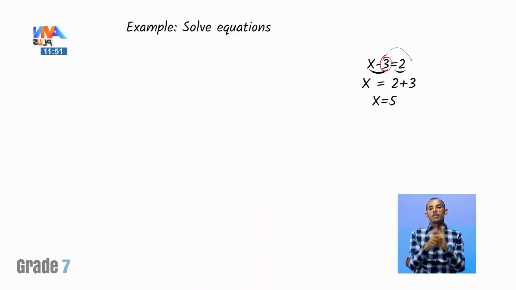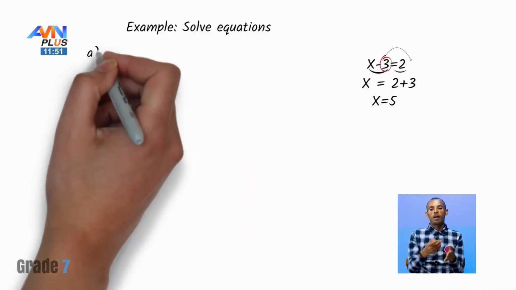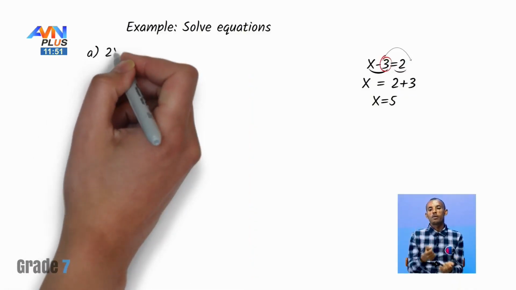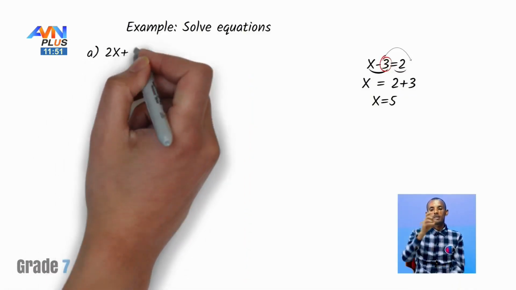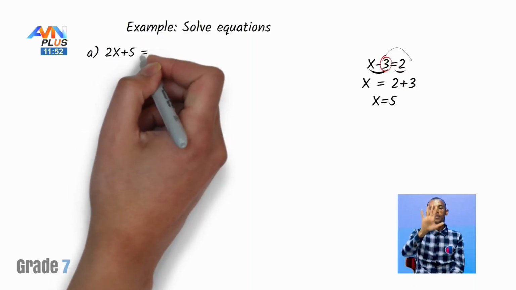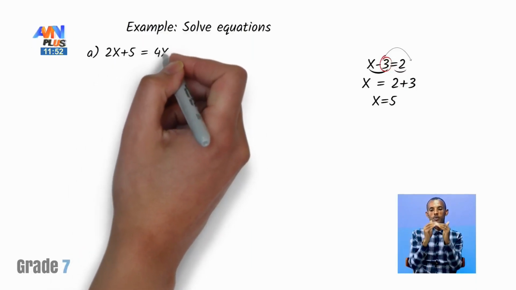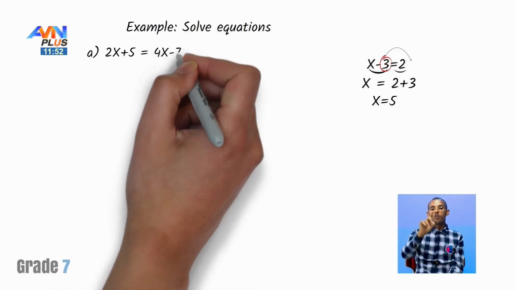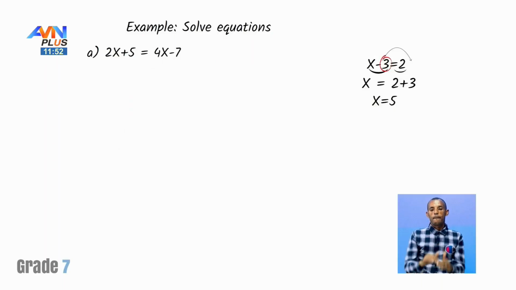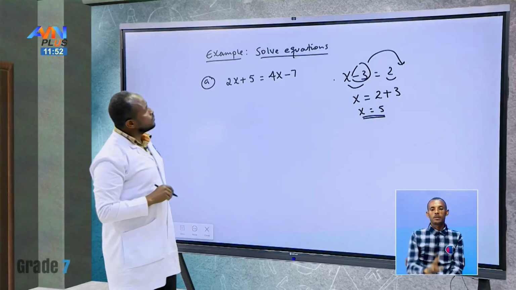So the first example here, let's try to solve this one. 2x plus 5 is equal to 4x minus 7. How do we solve such an equation?